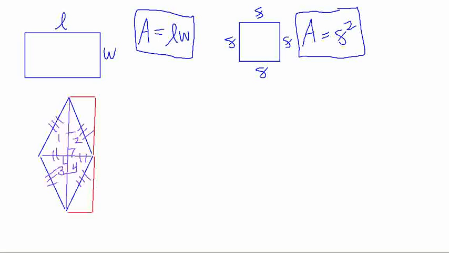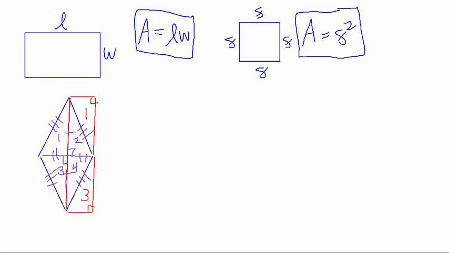Just to be clear, I'm taking triangle 1 and I'm moving it right where the red 1 triangle is. I'm taking triangle 3 and I'm moving it right where the red 3 is. So now, to calculate the area of the rhombus, I can calculate the area of this tall rectangle instead. And I know that this tall red rectangle will have the same area. All I did was move pieces of the rhombus somewhere else.